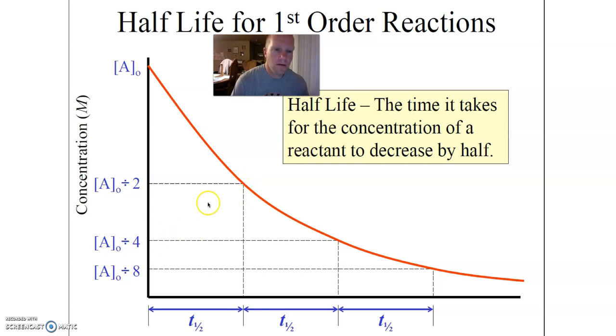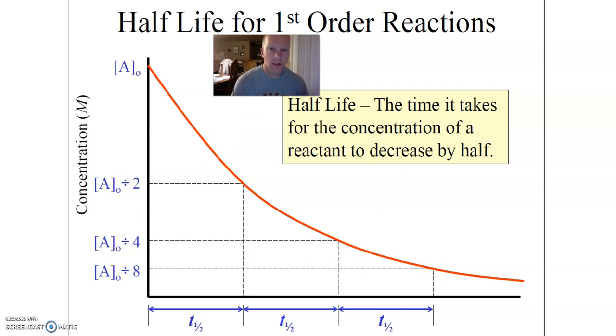After another 5 minutes, that would give me a quarter of the original A, which would be 0.25. After another 5 minutes, which would be 15 total, I'd be down to an eighth, or 0.125 molar. That's the way half-life works, you guys.